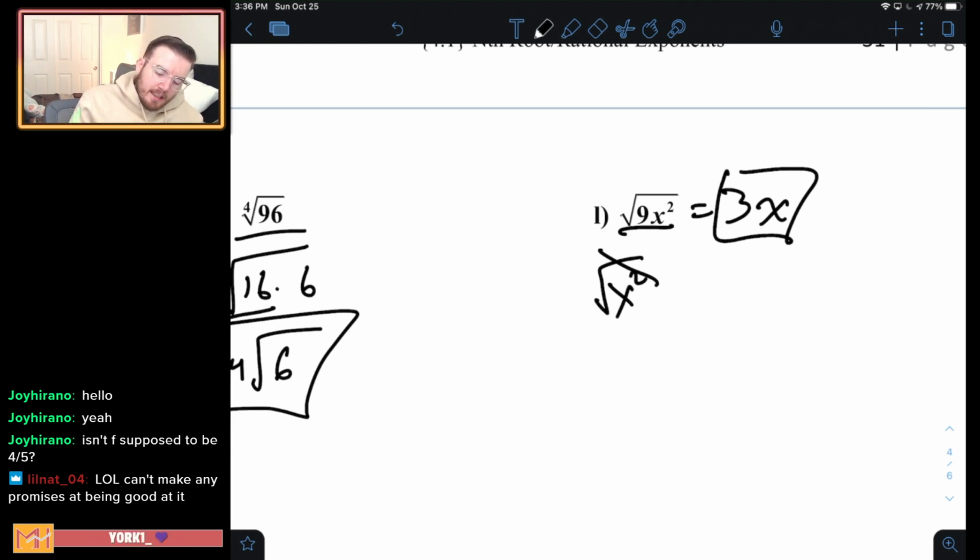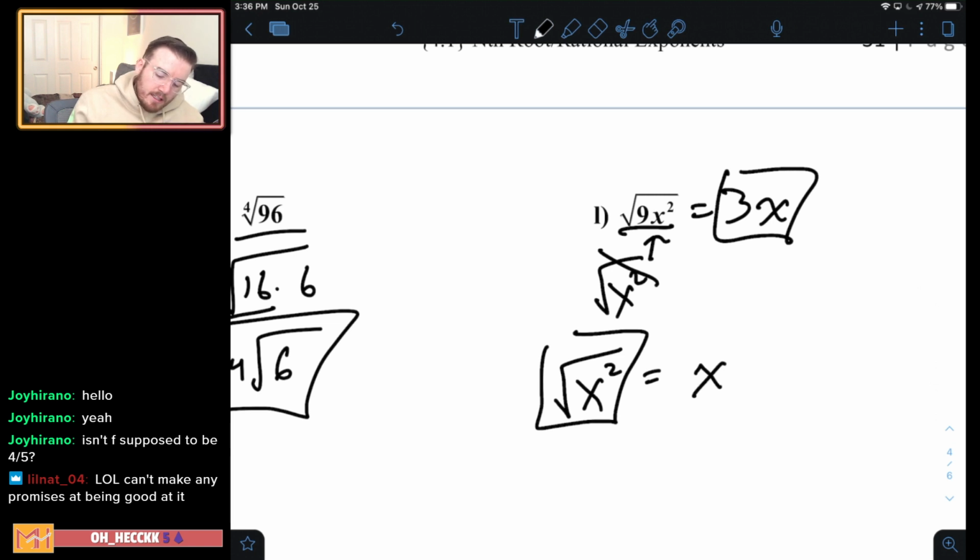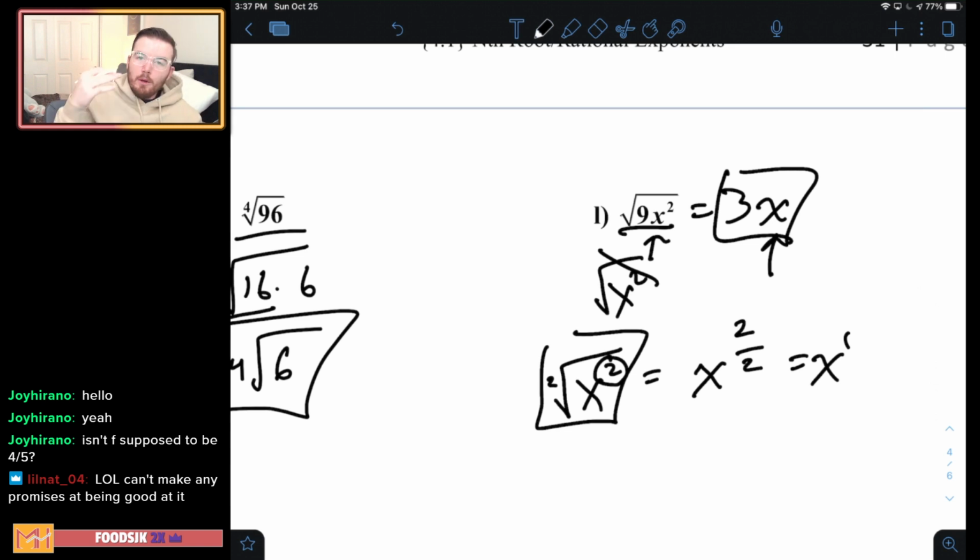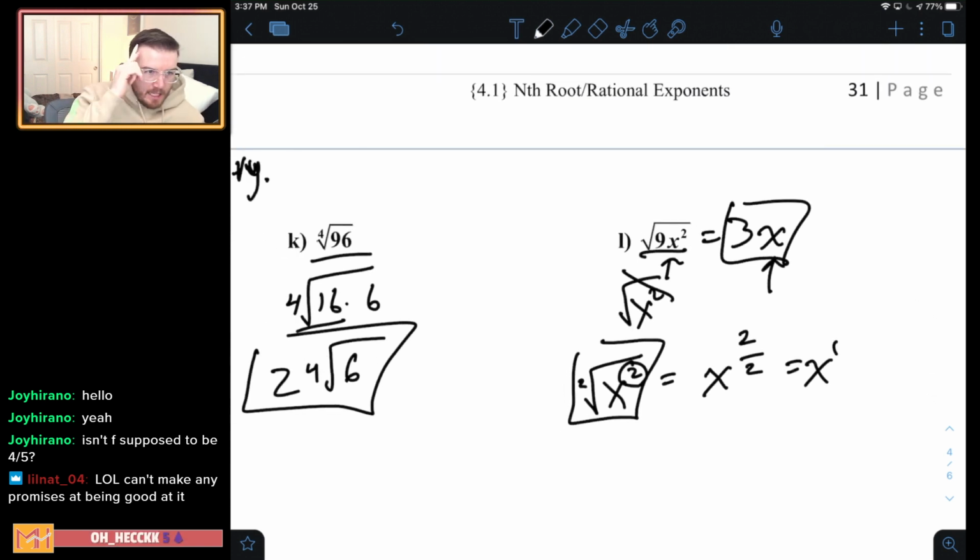When you're looking at this x squared, recall, how can I rewrite this? That's the same thing as x to the, the size of the root becomes the denominator, and the exponent becomes the numerator. 2 over 2 is just 1. Hence, why there's just the one lonesome x that comes out. Keep that in mind.